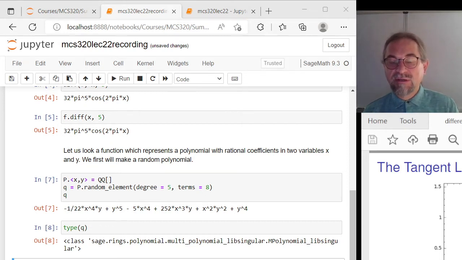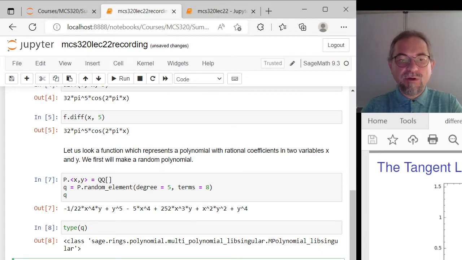You see that the singular comes in there, so it's not an expression. I cannot immediately use this. So to view Q as a function, a SageMath function, we must convert to an expression.